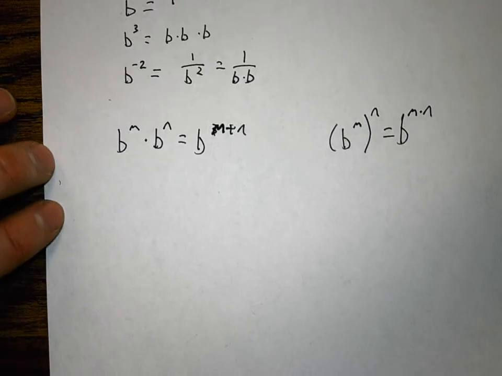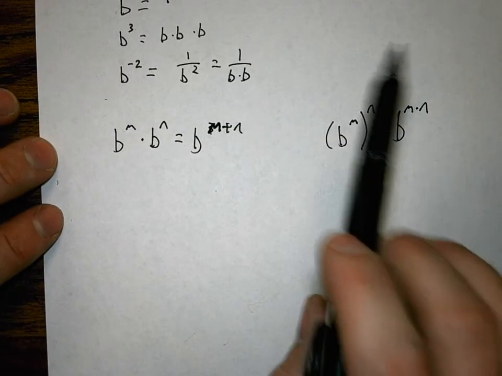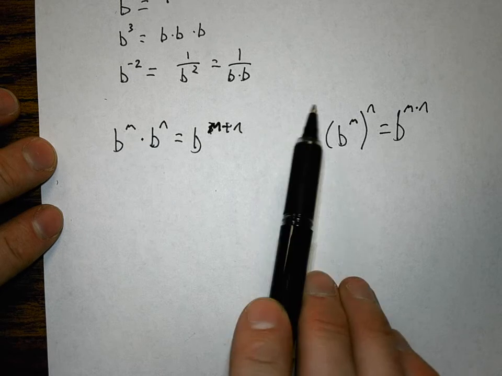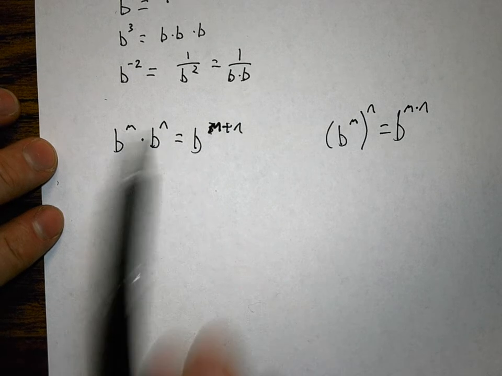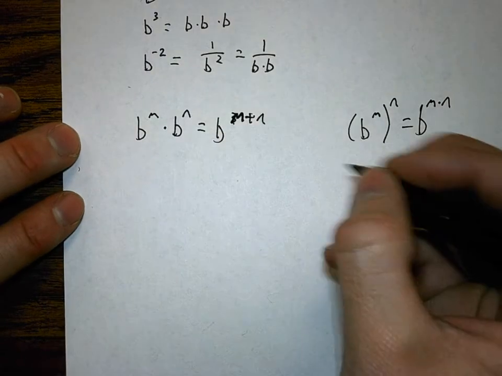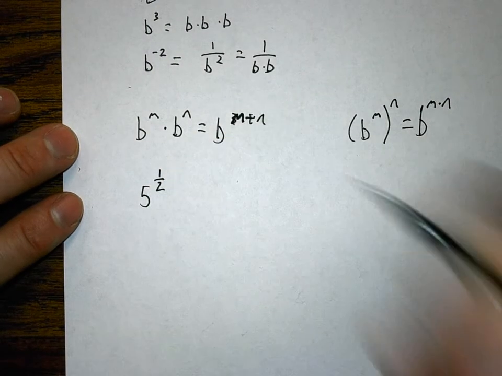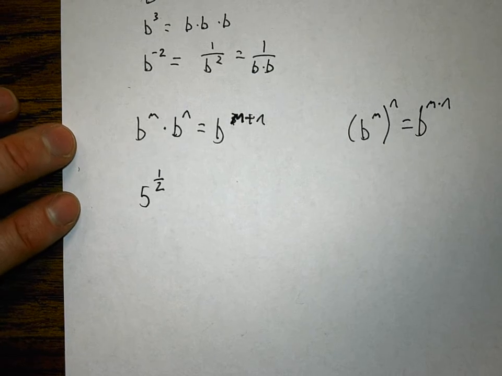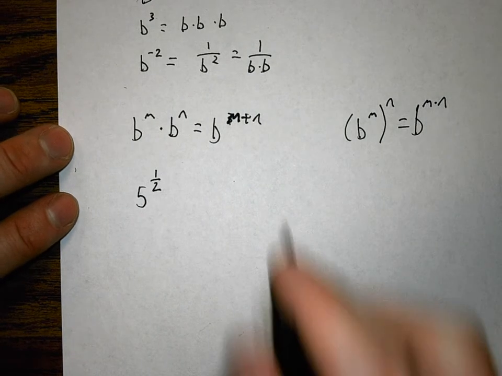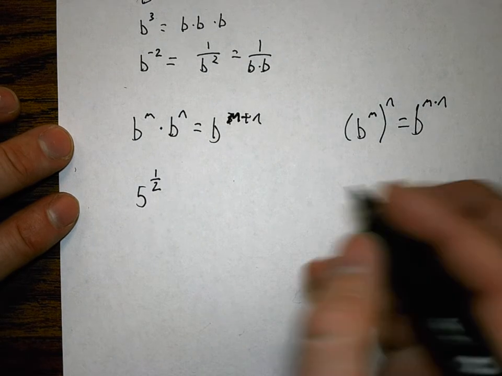Okay, so I'm going to introduce rational exponents using the power rule and the product rule to explore how these work. Let's think about 5 to the 1/2 power. What is 5 to the 1/2 power? I'm going to use this rule to explore where it comes from.